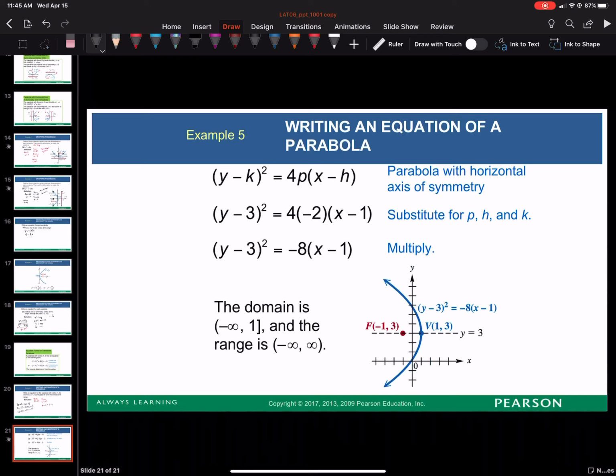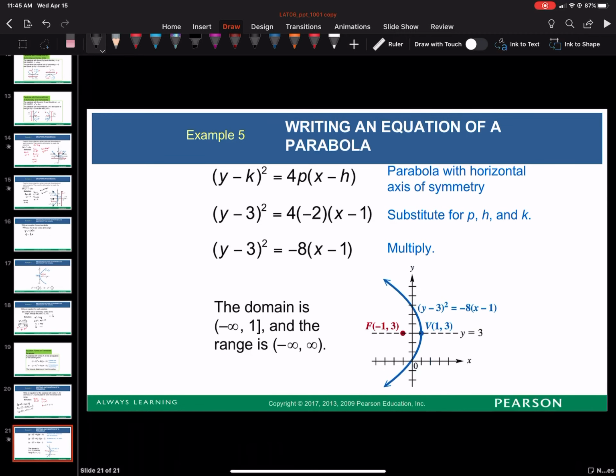So keep in mind what we have. Remember, since this one shifted, it moved.